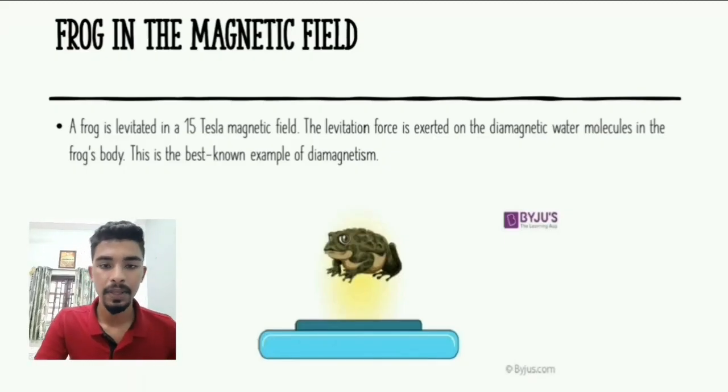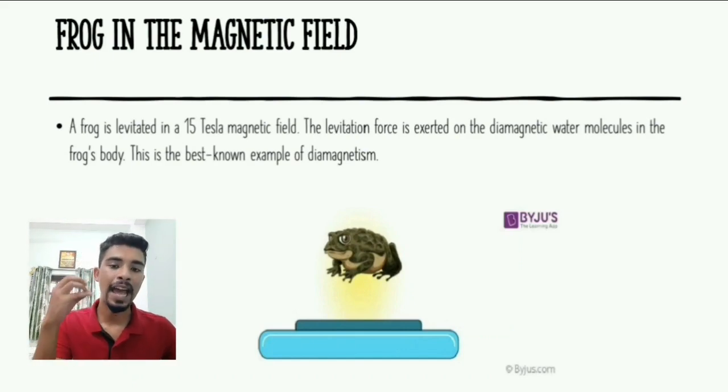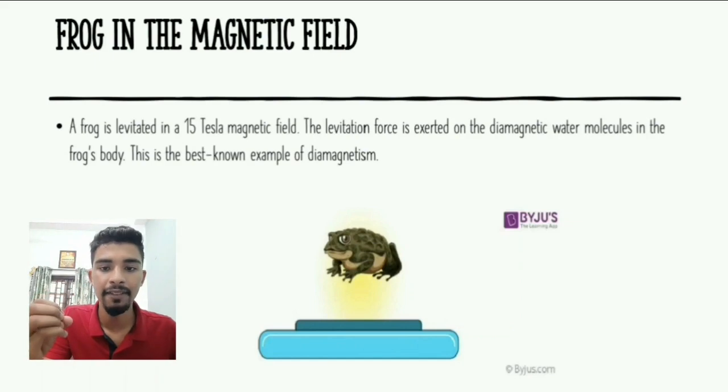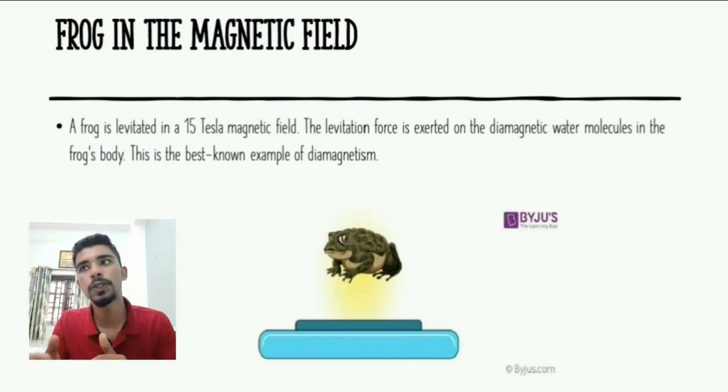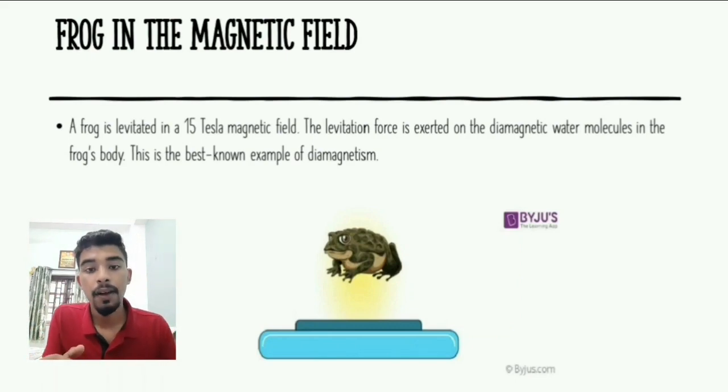One of the best examples of diamagnetism is a frog placed in a magnetic field. The basic concept behind this is that there are diamagnetic properties present in a living cell. So when a frog is placed in a magnetic field, say a magnetic field of 15 or 20 Teslas, the frog begins to levitate in the air due to the diamagnetic properties of the living cell.